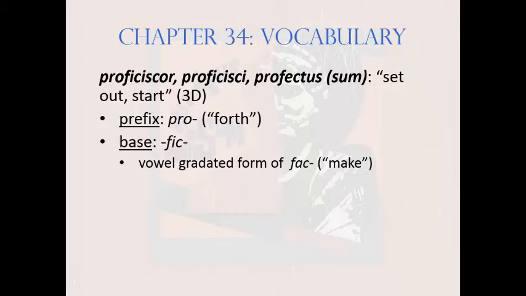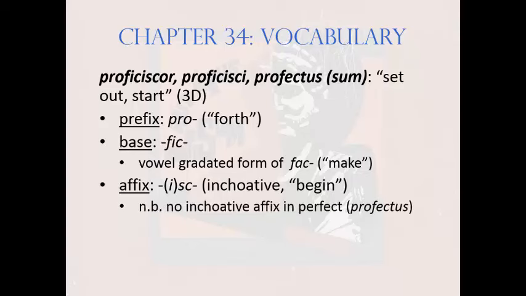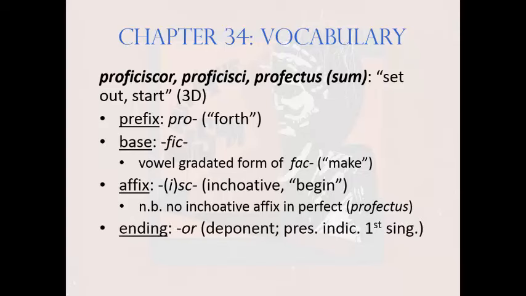We've seen that base in facio. Attached to that is isc, the inchoative affix, which means begin to. Note that it's omitted in the perfect profectus, where the begin sense makes no sense. And last is the first person singular present indicative ending, or, the deponent counterpart of the usual o.